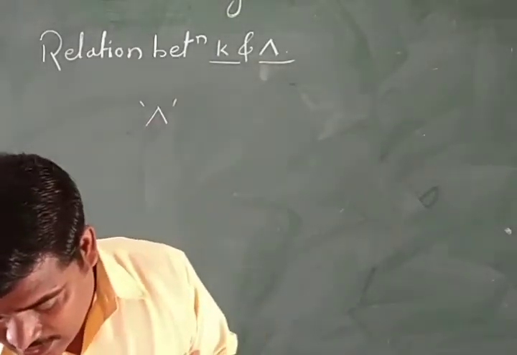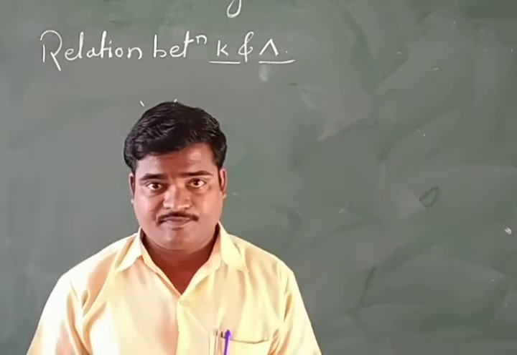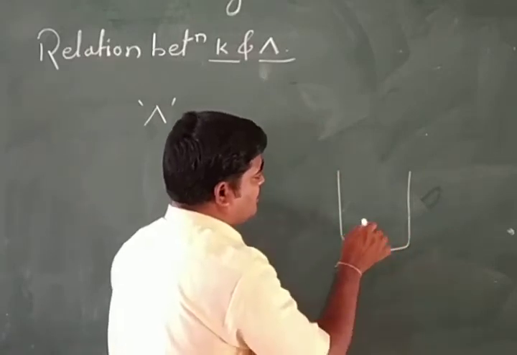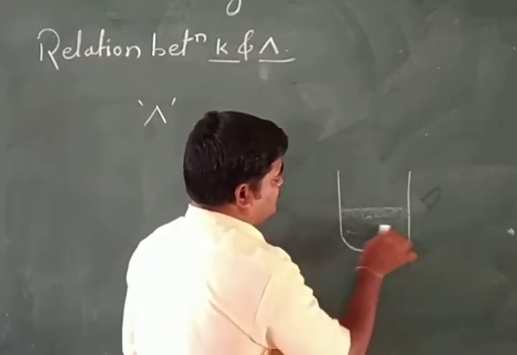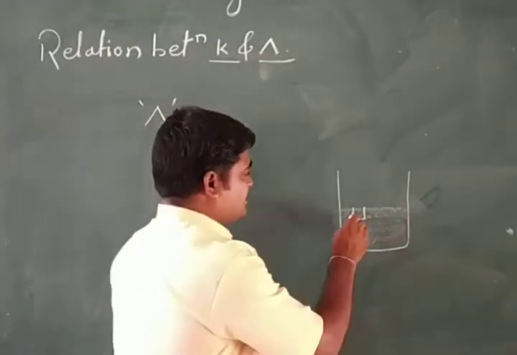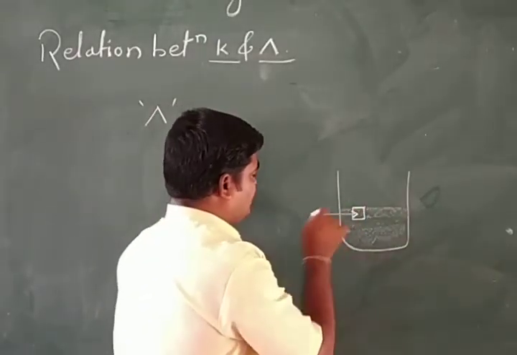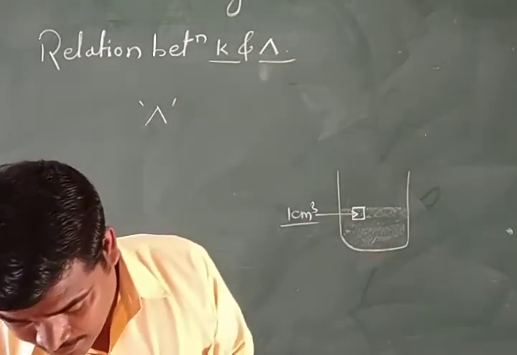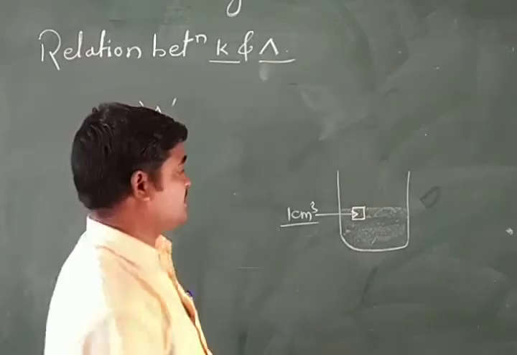Now students, whenever we consider a solution in a beaker, each 1 ml portion of that liquid is 1 centimeter cube, or 1 ml.